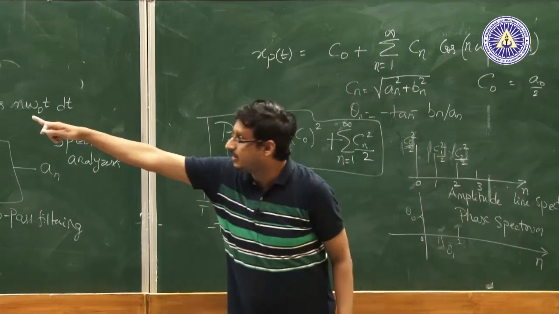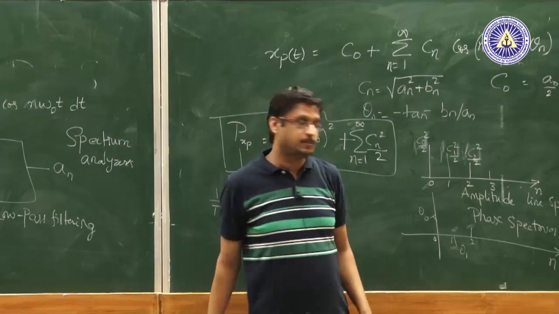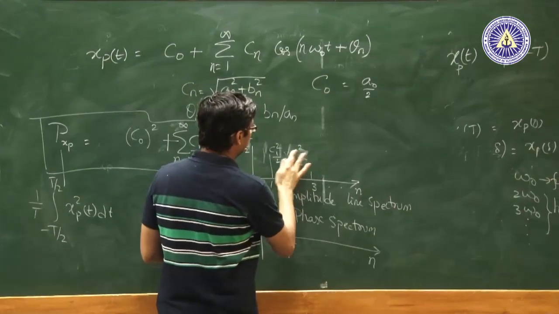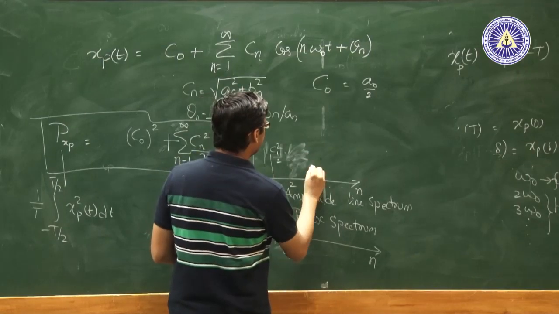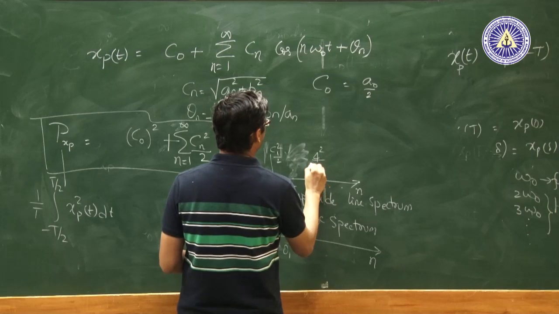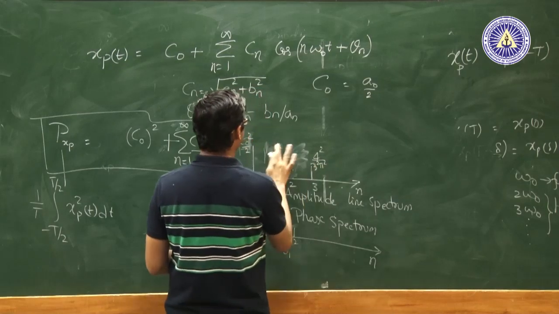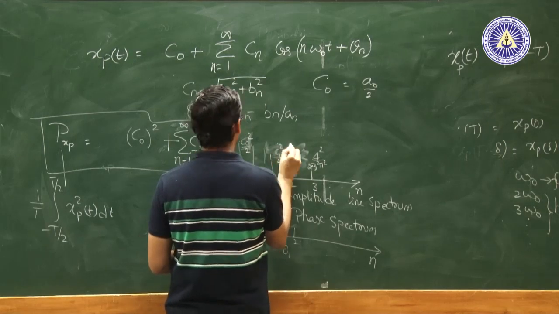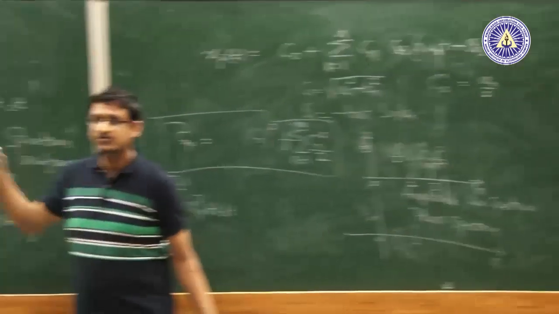For example, for that particular periodic signal, the square periodic signal, you will have C2 equal to 0, C3 will be how much, 4 square by 3 square pi square, C1 square divided by 2 out there, and this fellow will be C1 square, which is 4 square by pi square and so on, right.